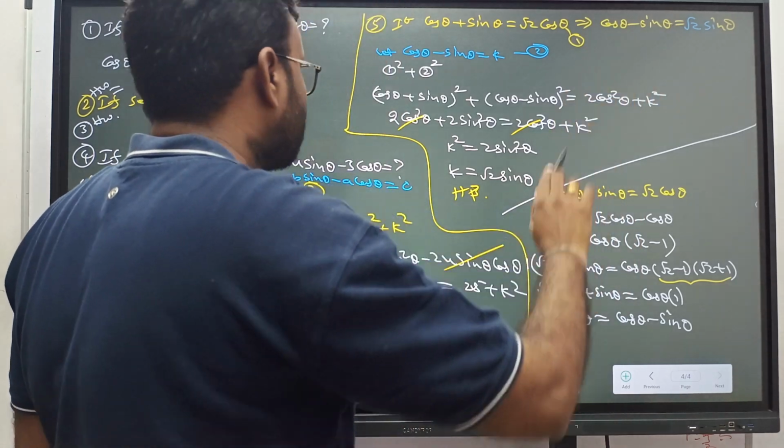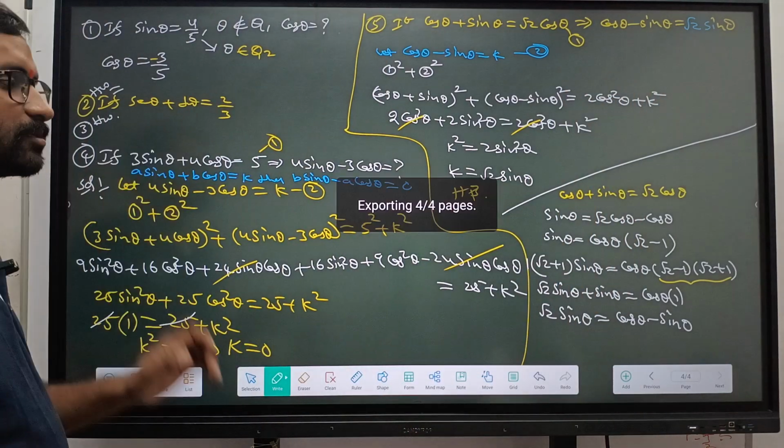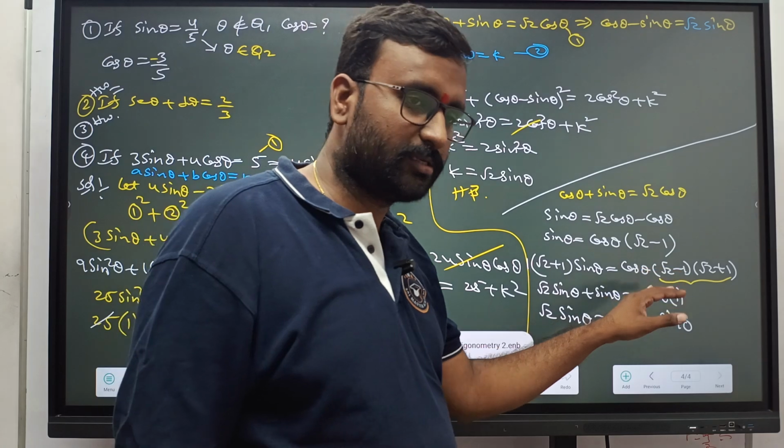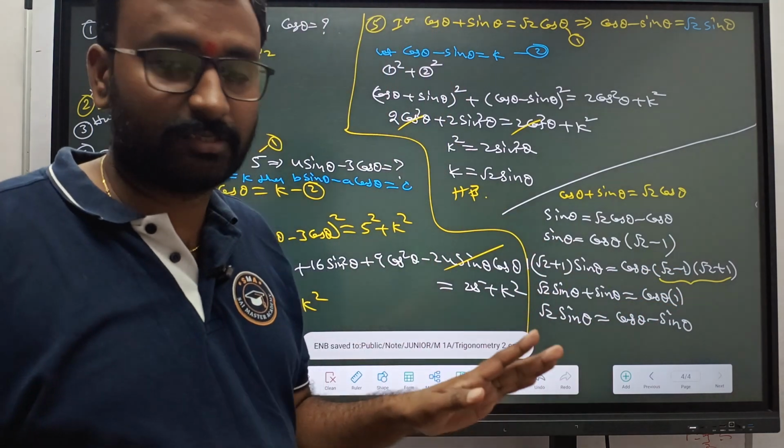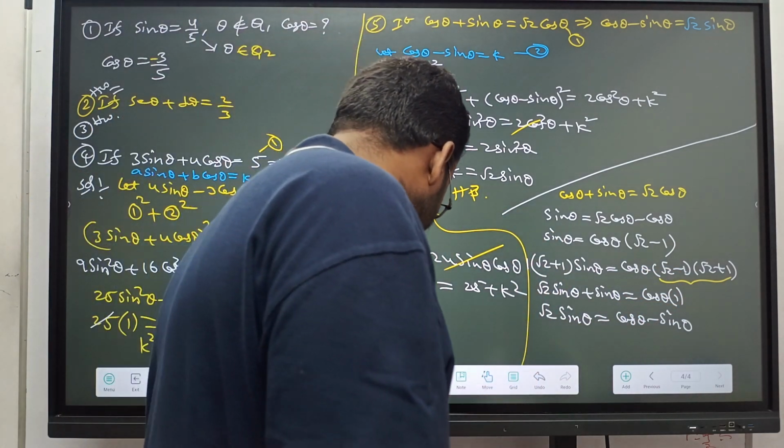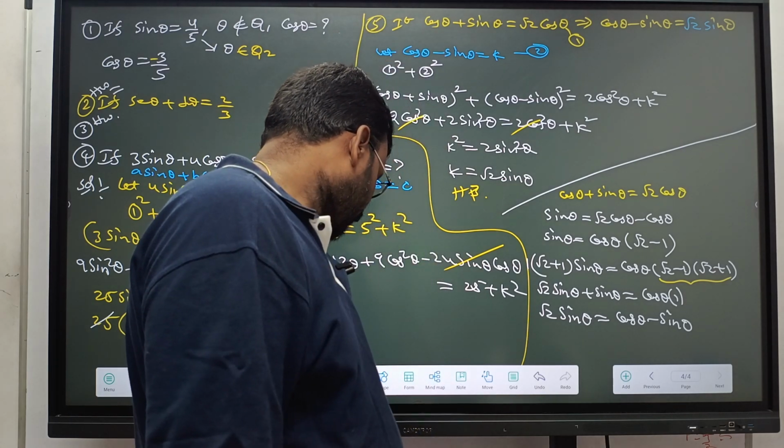So cos theta minus sin theta is equal to root 2 sin theta. So this is numerical rationalization, and what we did earlier was trigonometric rationalization. Okay?